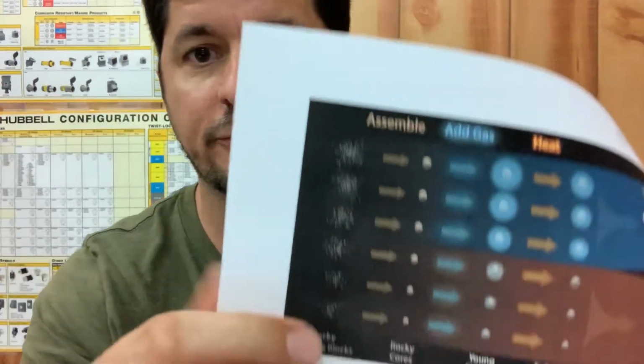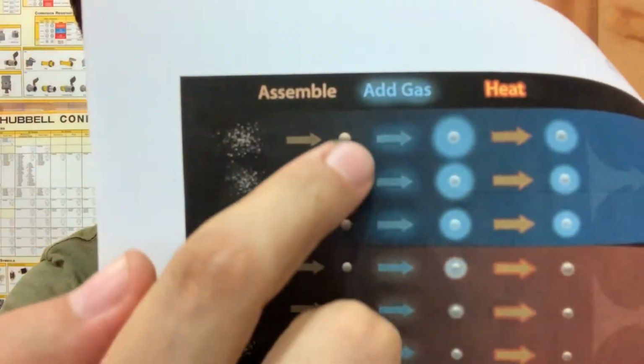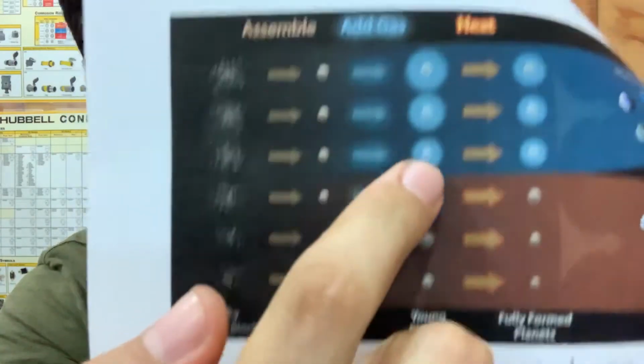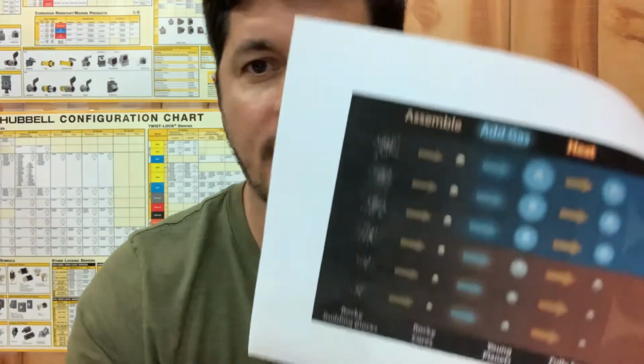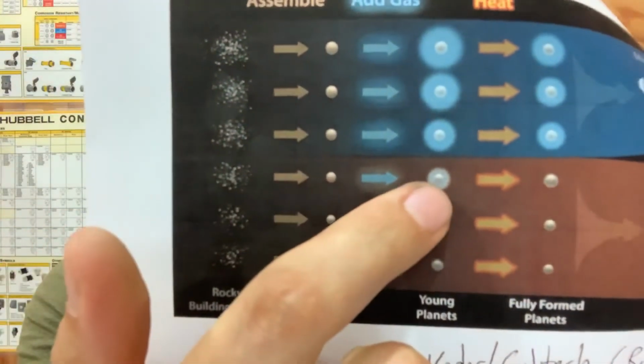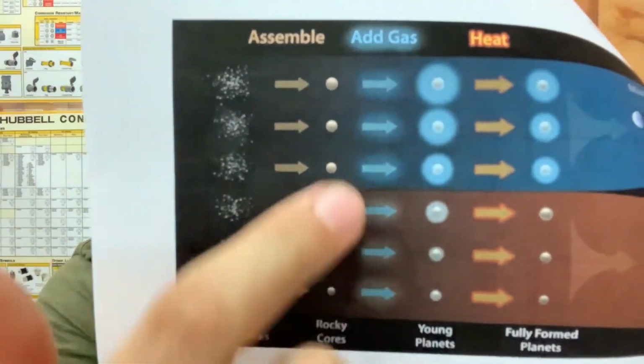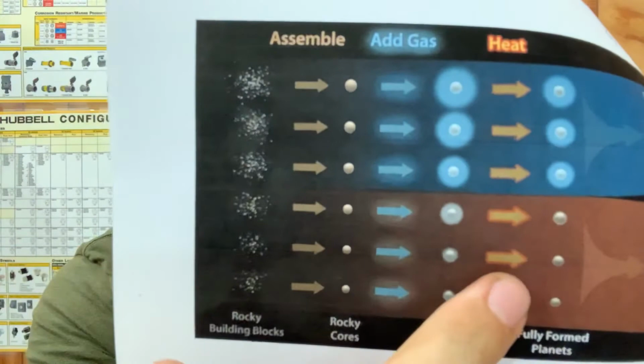Notice how they have this step right here where they say, oh, well, you're just going to add gas. Well, it's interesting to note that if you see gas there, the astronomers go, well, I see gas there, therefore it was added. They don't ever consider the physical implications of it. You can't take gas and add it to an area of higher pressure when the surrounding area around that object is vacuum.